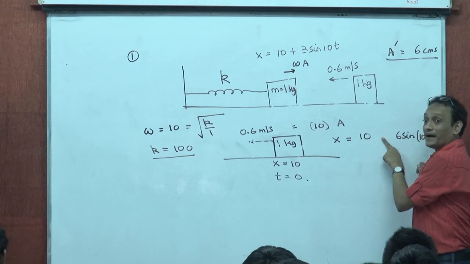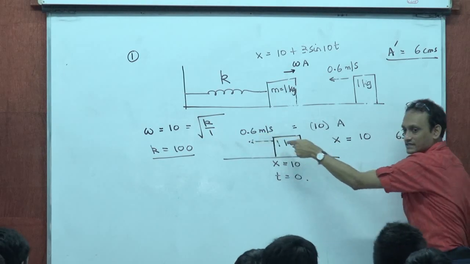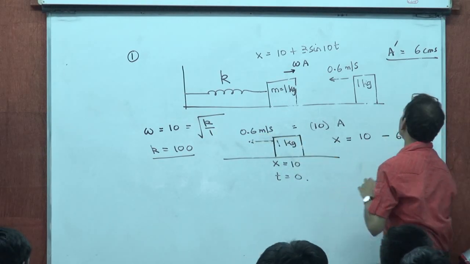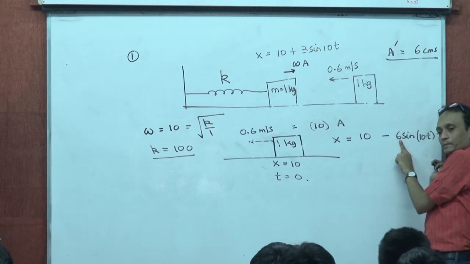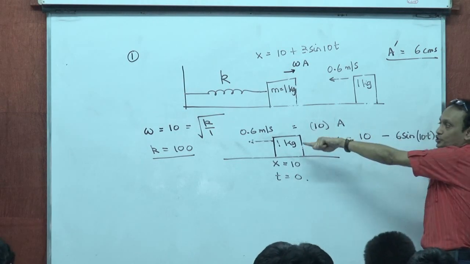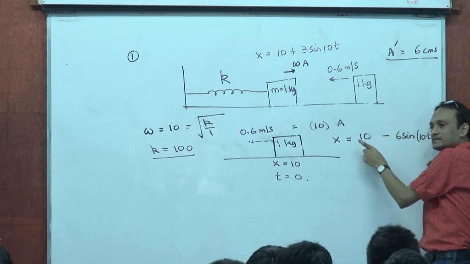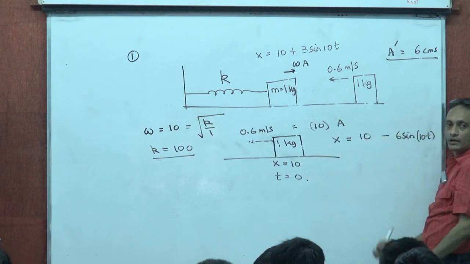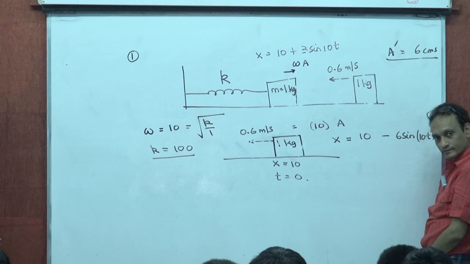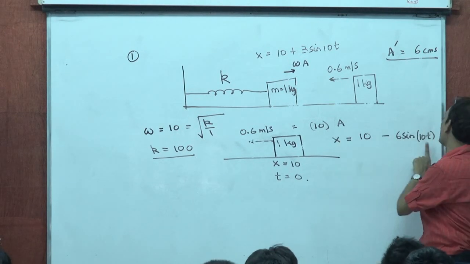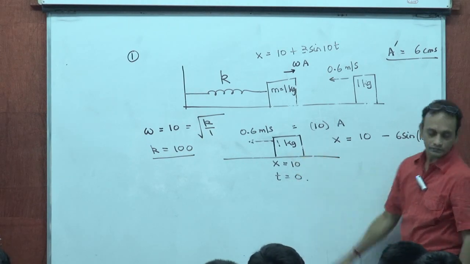Now this will be minus, because the velocity at time t equal to 0 is minus 0.6. If I differentiate x = 10 minus 6 sine 10t, then the velocity at time t equal to 0 would be minus 60 centimeters per second, which is what it should be. So instead of 10 plus 6 sine 10t, it will be 10 minus 6 sine 10t, so that the velocity of 0.6 meters per second to the left could be realized. Got me? So this is the new displacement-time characteristic for the oscillator, right?